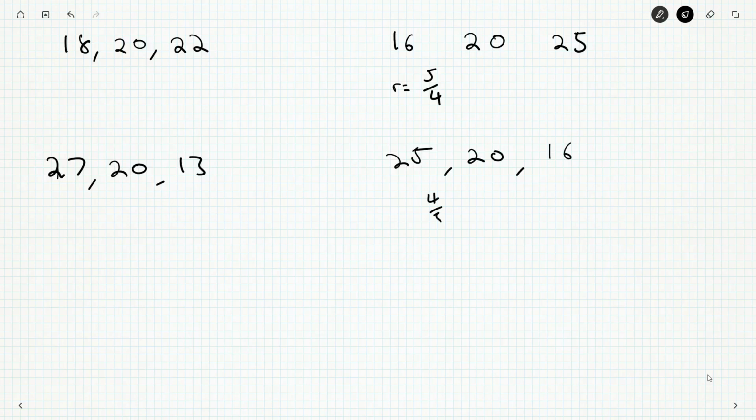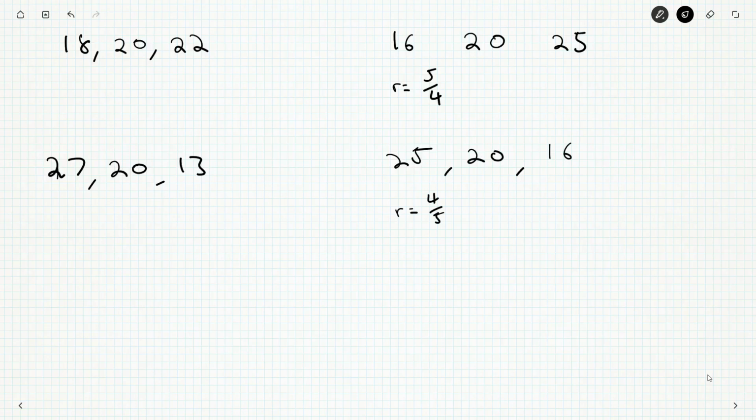So a common ratio of 4/5 there. That's pretty nifty that these two ratios are sort of reciprocals of one another. But there we go. So I have confirmed to my satisfaction that these are geometric sequences.